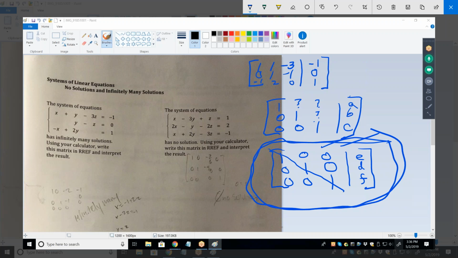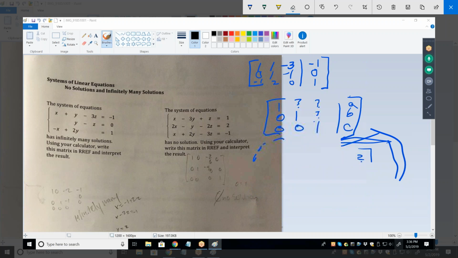The terminology really doesn't matter for the moment. If I can get it to look like that, I have my answer instantly. The problem is it takes a lot more effort to get it to look like that than it does to get it to look like that.